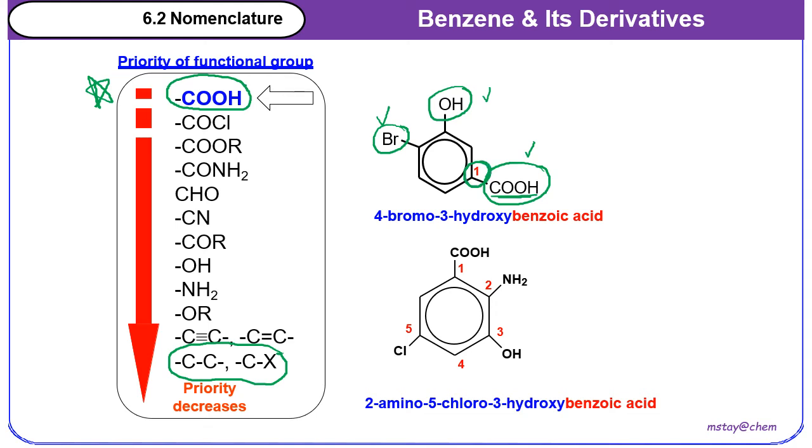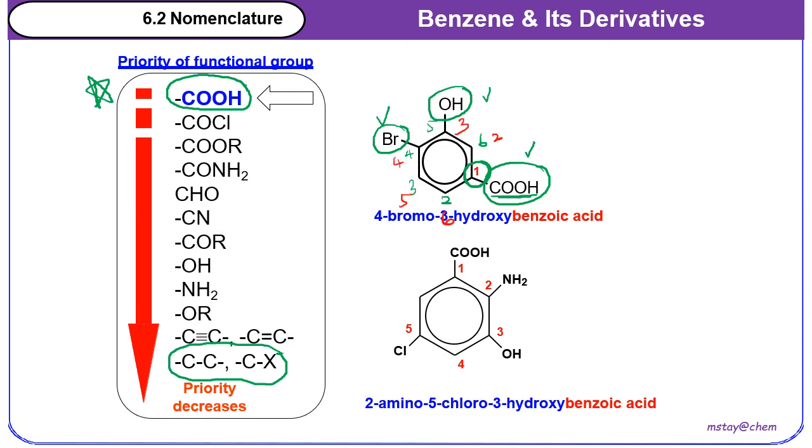And then we can go either clockwise or anti-clockwise to do the numbering. If we go clockwise, we get 1, 2, 3, 4, 5, and 6.